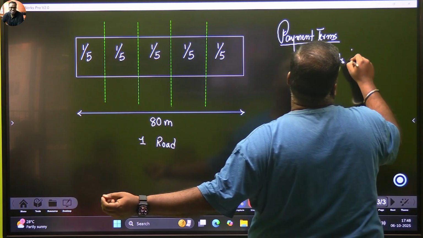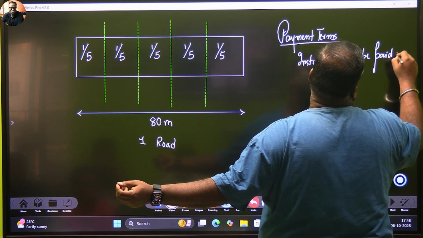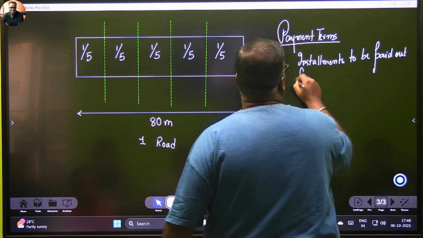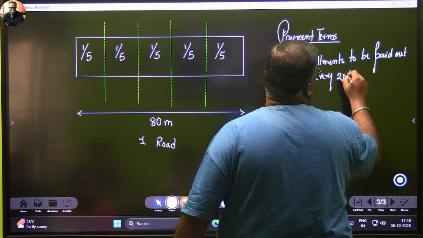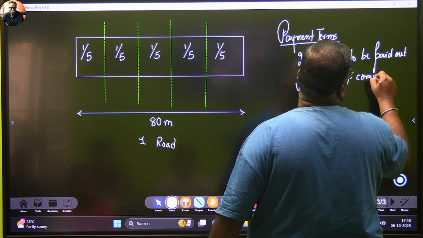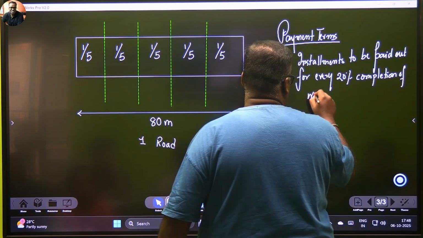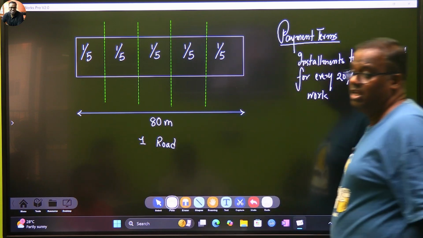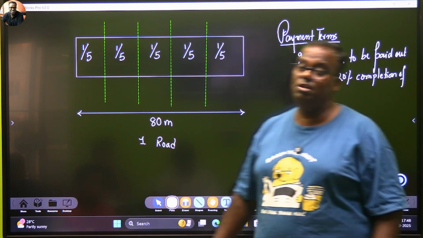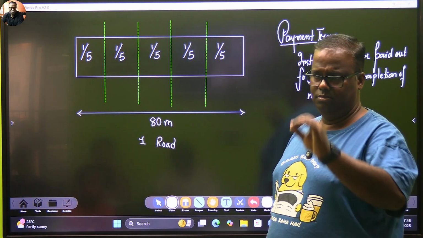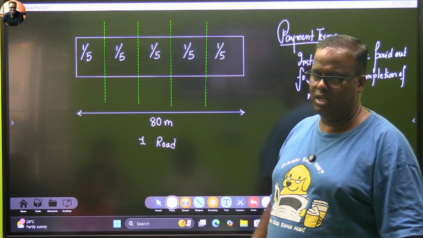Installments to be paid out for every 20% completion of work. Very interesting. We are saying that every 20% this fellow completes, we will be paying him his bill, whatever bill he says, right?